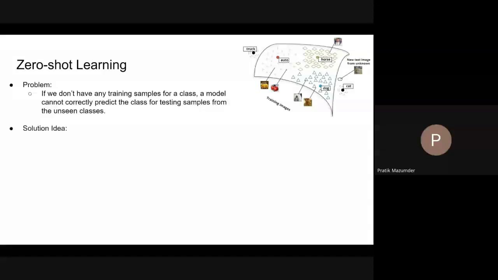So we'll come up with a solution idea, and it was a very unique way of solving this particular setup, which actually involved language for the first time. You had an image-based problem, but there was no image available for the unseen classes, so we'll try to solve the problem from a language or semantic perspective. What is the one thing that we have about all the classes? We have the class names for all the classes.